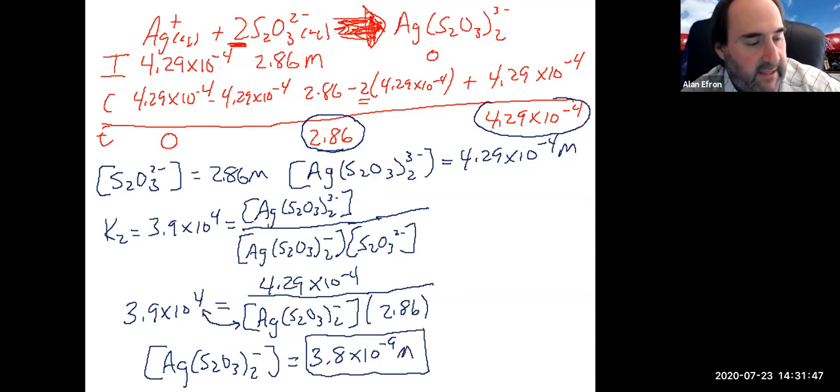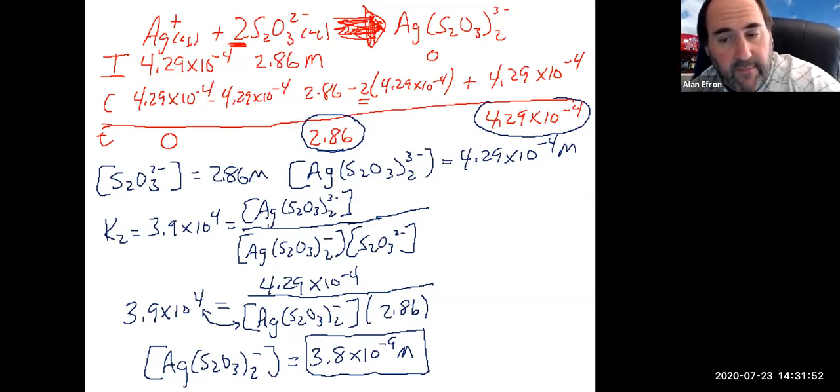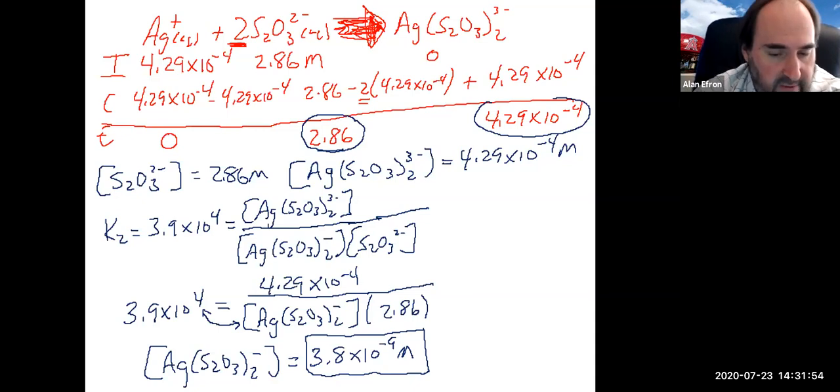Any questions on that so far? And again, the purpose of this was because one of the things asked in the problem was, what is the concentration of what we just solved for?